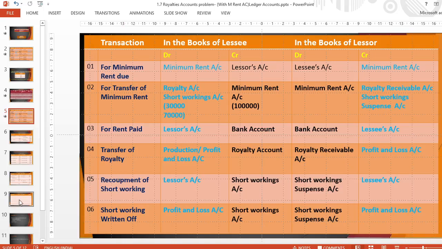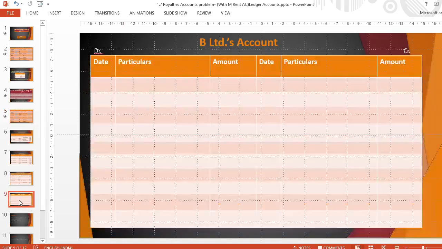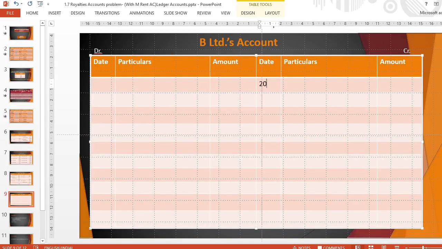Let me start with the first transaction: minimum rent account debits to lessor's account. So lessor's account should be credited, by minimum rent account. So minimum rent account is 2 lakh.